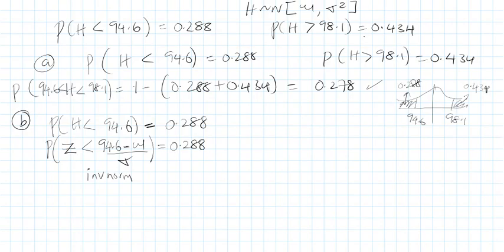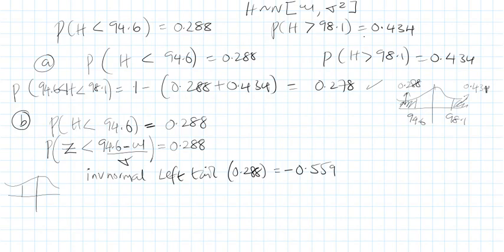Depending on your calculator, we would do an inverse normal, left tail, because we're working with less than something. With the area 0.288, it should give you this.